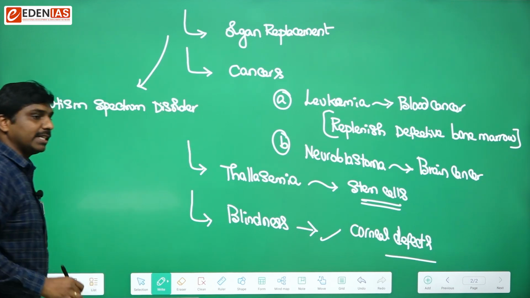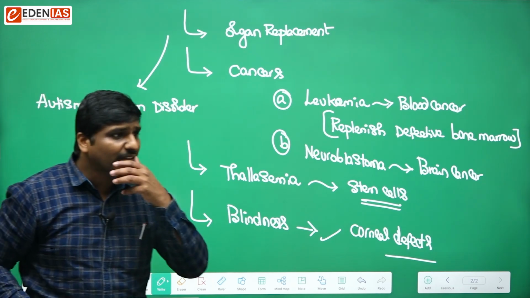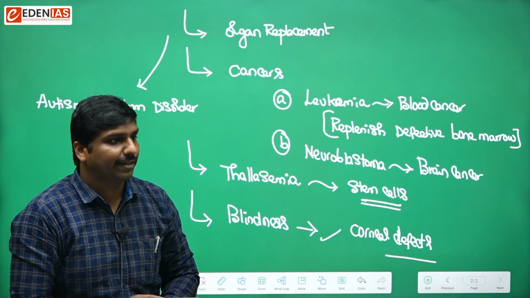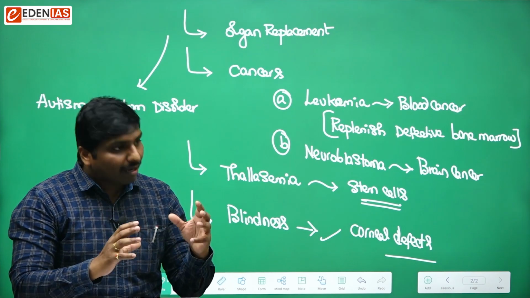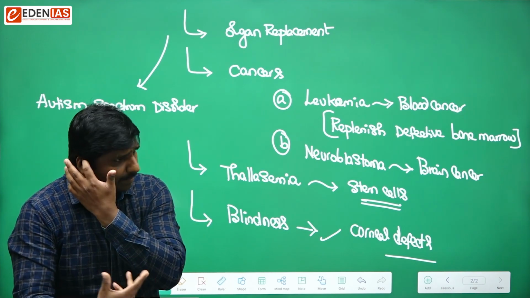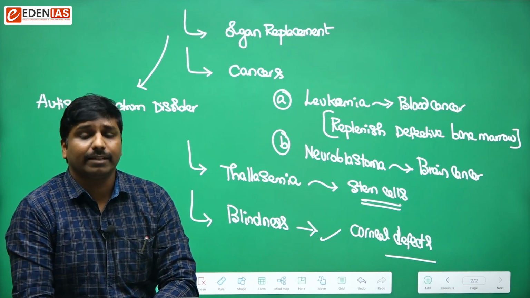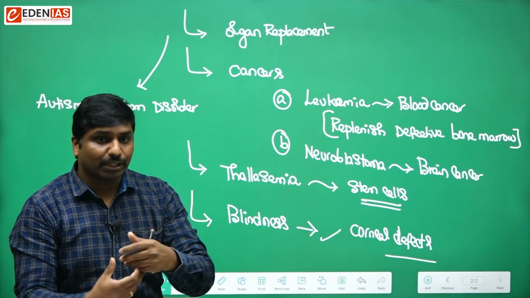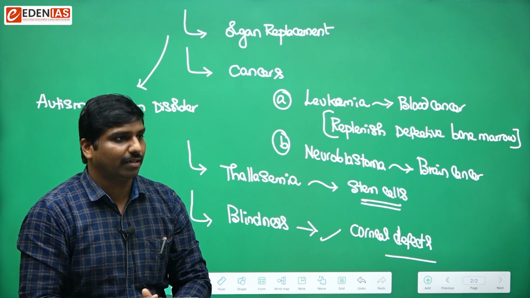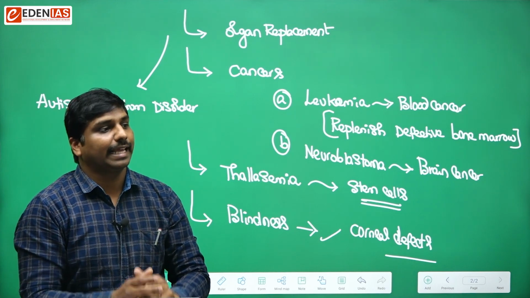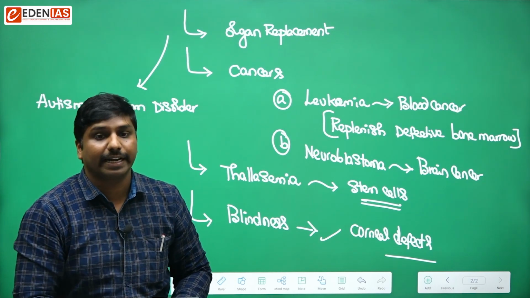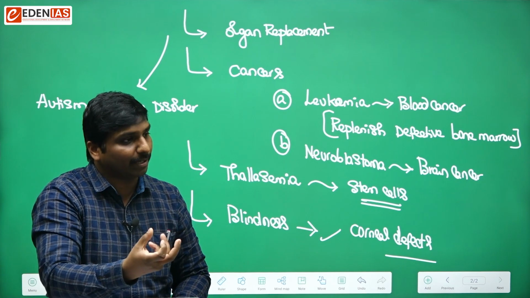Autism is a kind of developmental disorder where people generally have issues with interpersonal interaction. That means they have a different kind of attitude with respect to mingling with people, or such kind of issues.